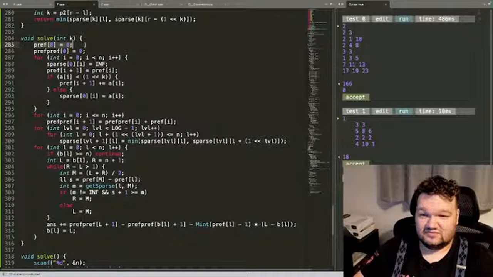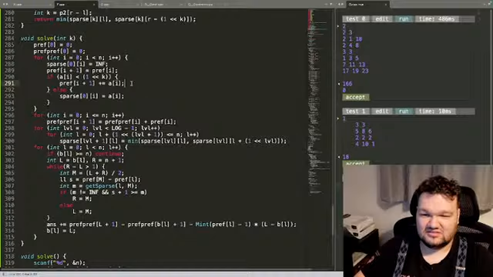So we have prefix sums and the sparse table. Going over elements. If the element is small, then we put it in the prefix sums. So we're calculating prefix sums. If the element is big, then it is 0 for sums. So the prefix sum is just the previous one.